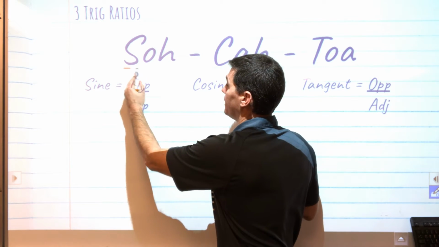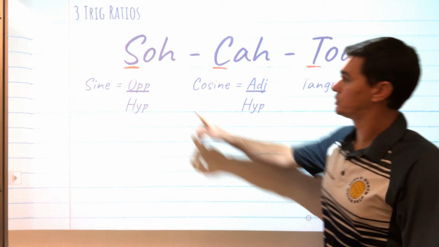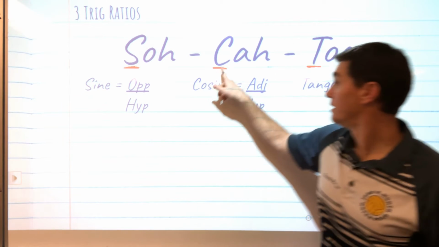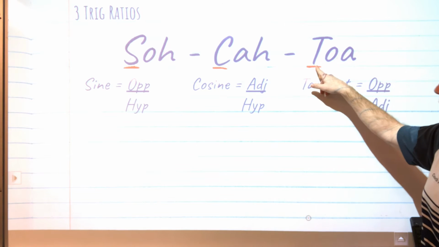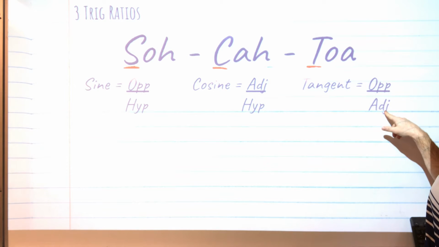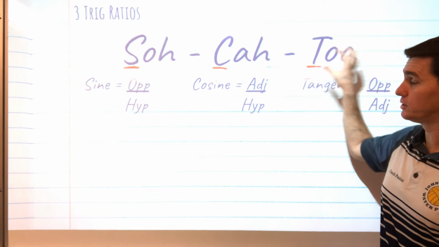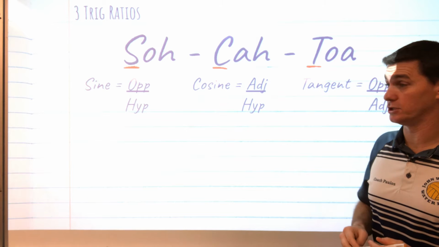You can remember these by SOH CAH TOA. The SOH stands for sine, is opposite over hypotenuse. CAH, cosine, is adjacent over hypotenuse. And TOA means opposite over adjacent, stands for tangent. All right? So SOH CAH TOA is an easy way to remember the definitions for these three relationships.